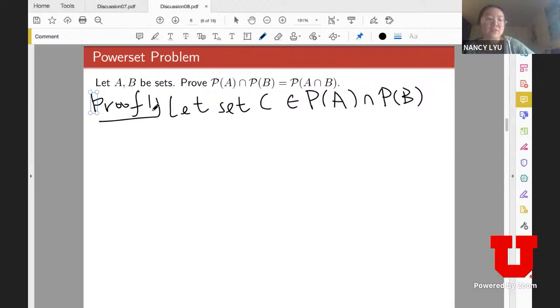And for this proof, we're trying to show the power set A intersect power set B is a subset of the power set A union B. And now we can see that since C is in the intersection of these two power sets, by the definition of intersection, C must be in both of the power sets.